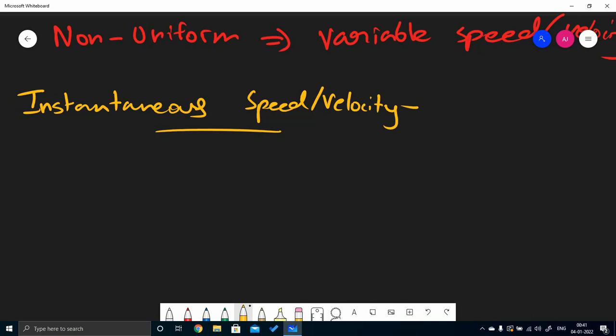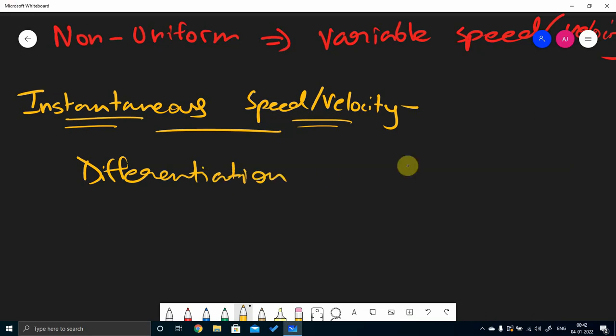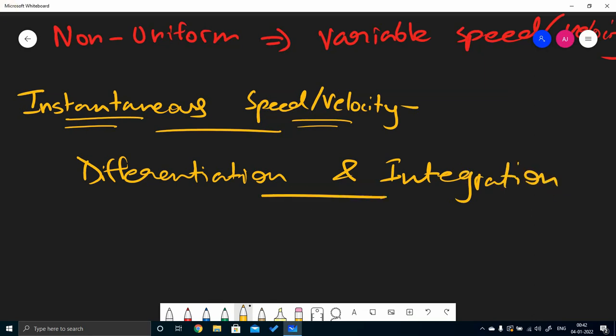So now when we talk about this, how exactly do we find instantaneous speed or velocity of an object? One of the prerequisites will be basic differentiation and integration, right? If you guys don't know it, you can currently just skip it.